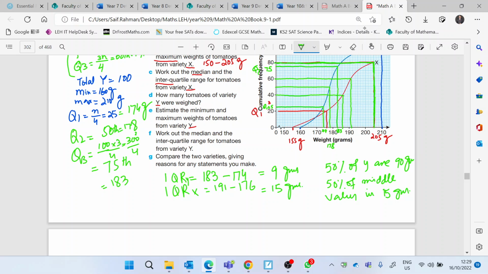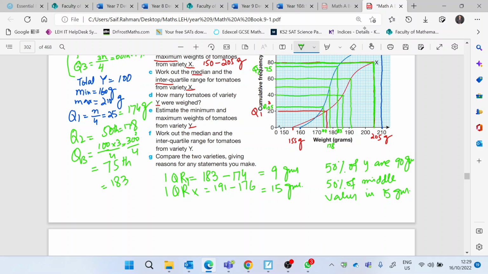So that shows that the spread for X type of values is long, whereas compared to the Y, and it is represented by the graph as well.